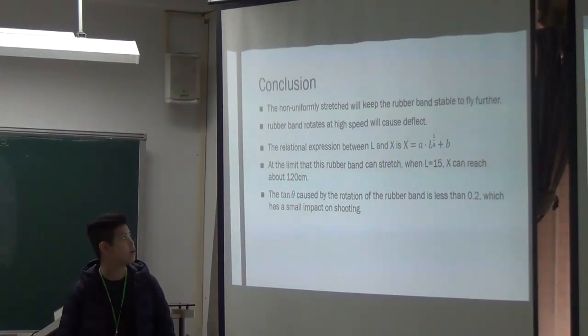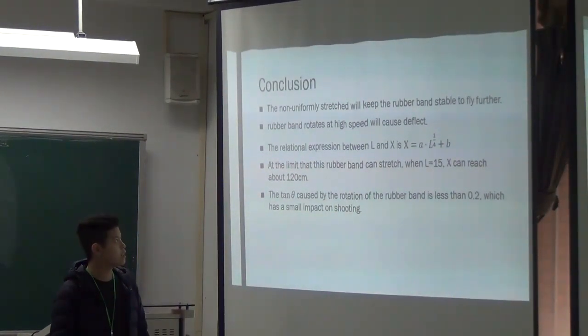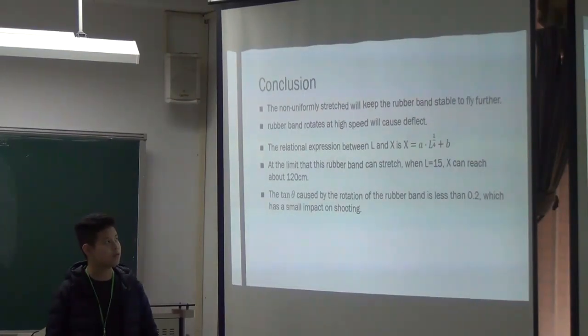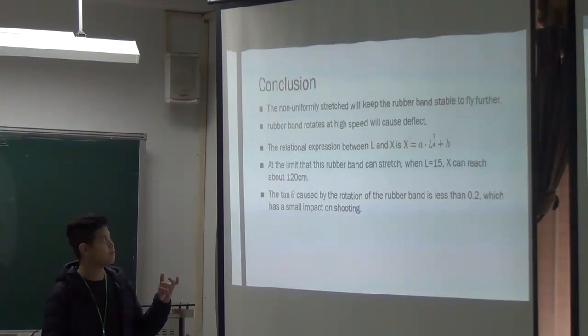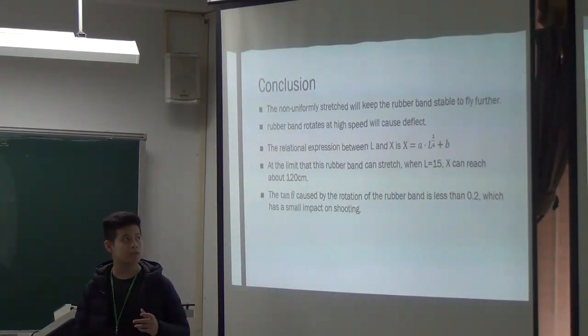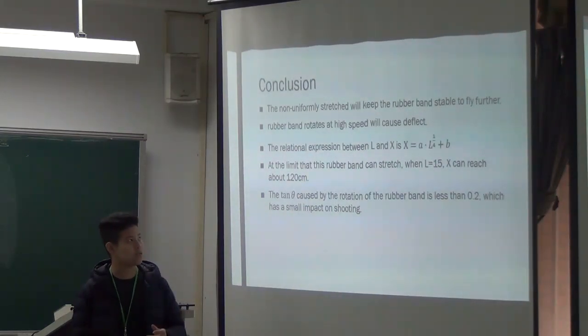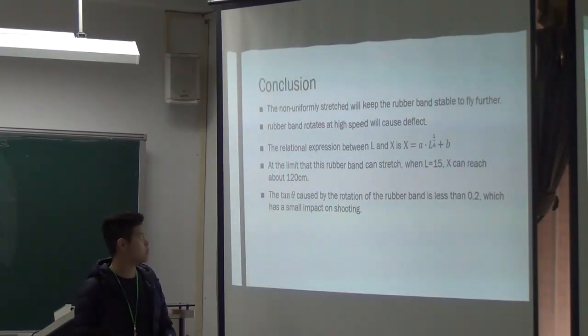And this is our conclusion. The non-uniformly restricted rubber band will keep the rubber band stable and fly forward. And the rubber band rotating at high speed will cause precession.